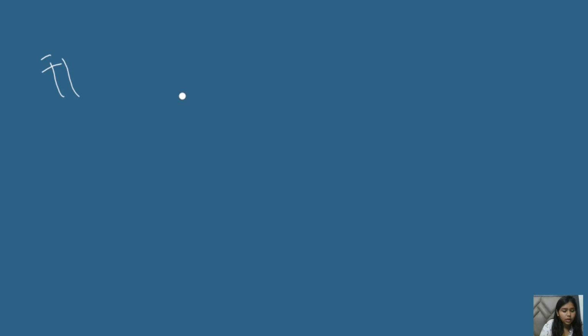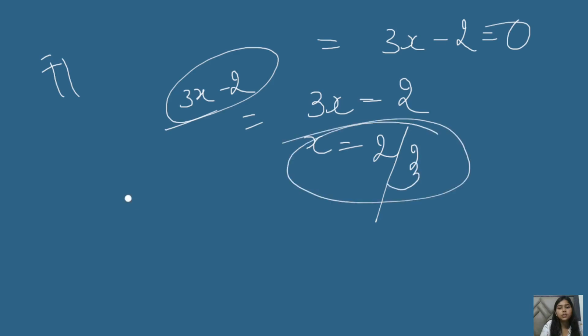Just put the equation equal to 0 and find out the value of x. x is equal to 2 by 3. It means 2 by 3 is the zero of the polynomial for this particular expression. Okay, this is the question.